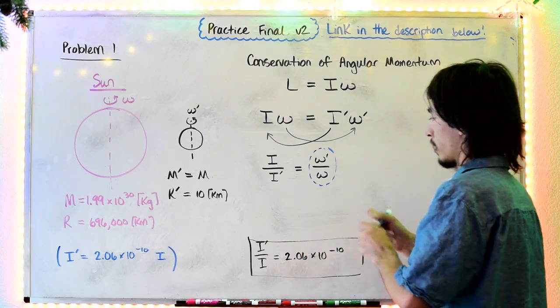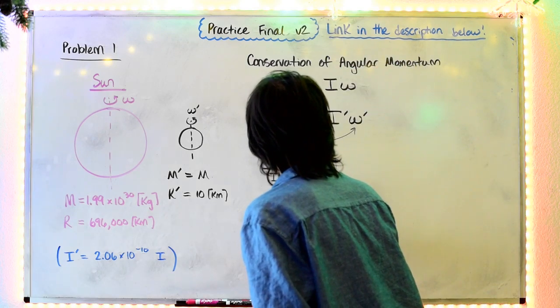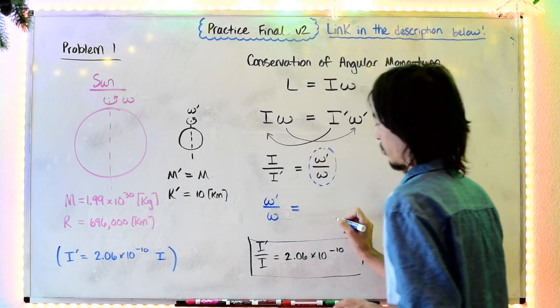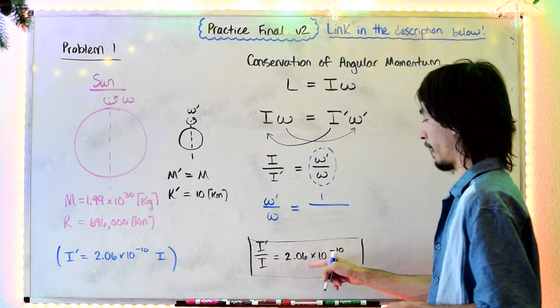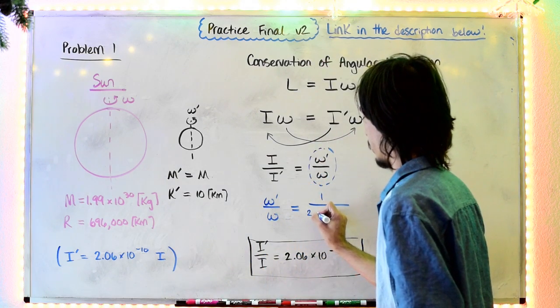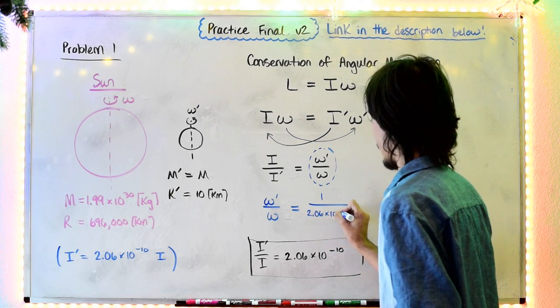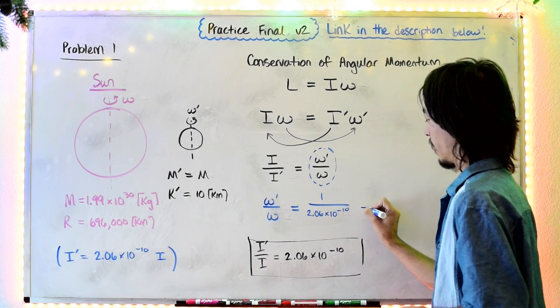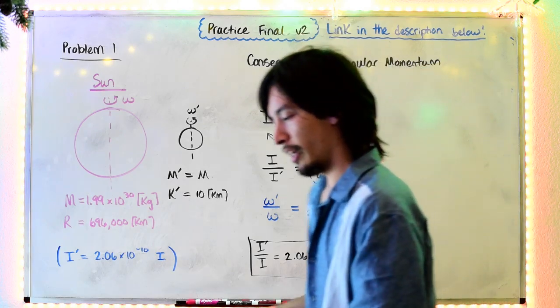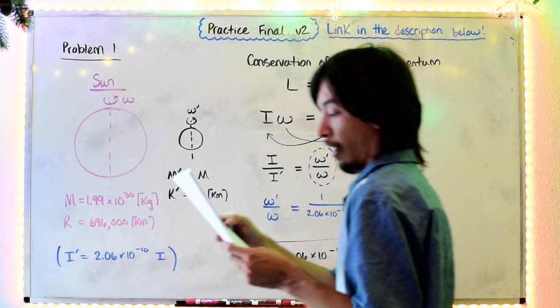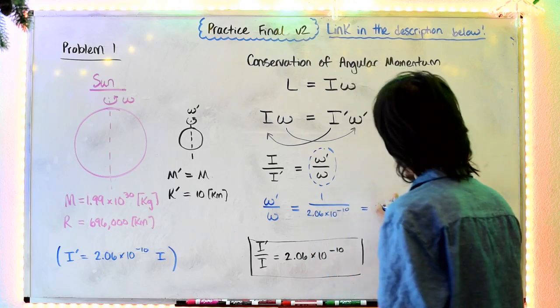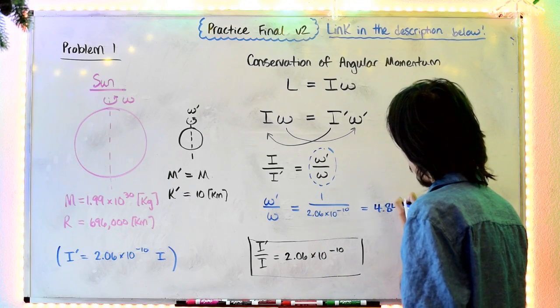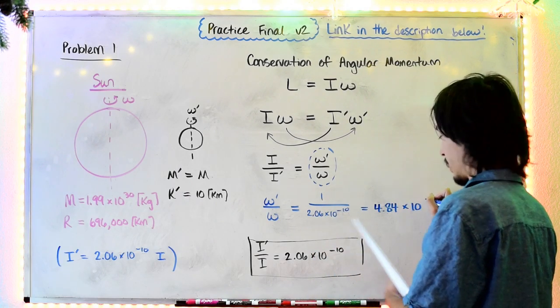Omega prime over omega is equal to 1 over the value you got, 2.06 times 10 to the minus 10th, and this ratio ends up being 4.84 times 10 to the 9th.